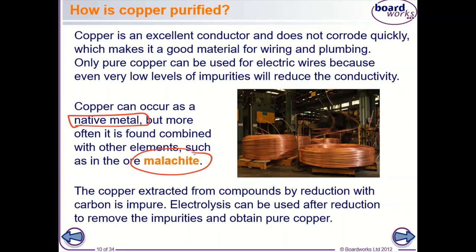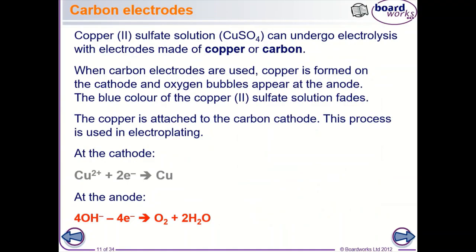The process is basically simple and quite interesting. If you remember what we've done so far under electrolysis, if for example you have copper sulfate solution, copper sulfate can undergo electrolysis with electrodes made of carbon or copper.